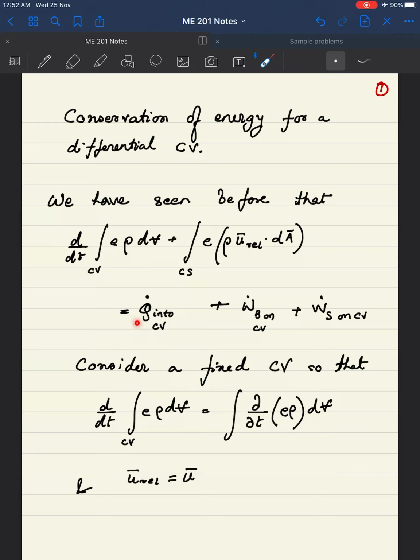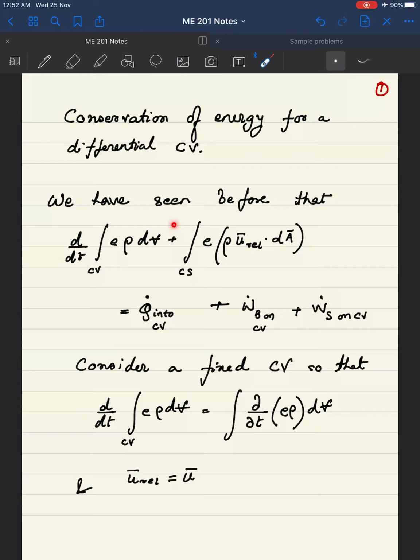Another difference is the book considers Q dot into the control volume as, I think, positive when it is out away from the control volume, whereas here we have specifically written Q dot into the control volume, and this is just bookkeeping. You have to do it properly, that's all.